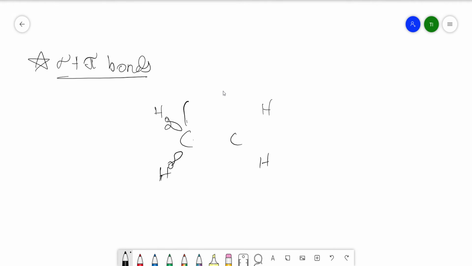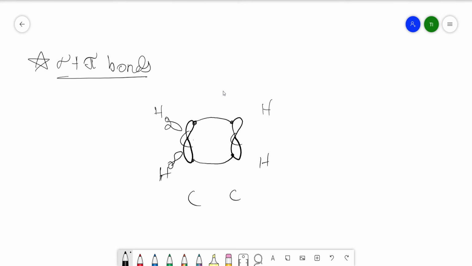The pi bond formation is what's interesting. So the p orbital shapes are like this, right? And the reason why I'm saying that it's a lateral overlapping is because this part of the orbital is attracted to this part of the orbital, and this part of the orbital is attracted to this part of the orbital.